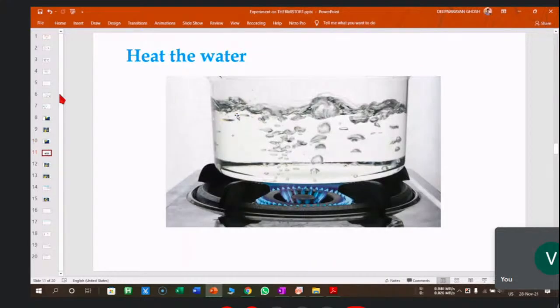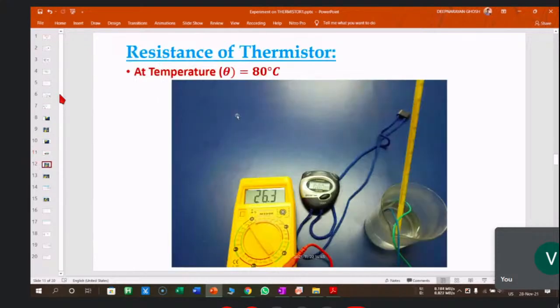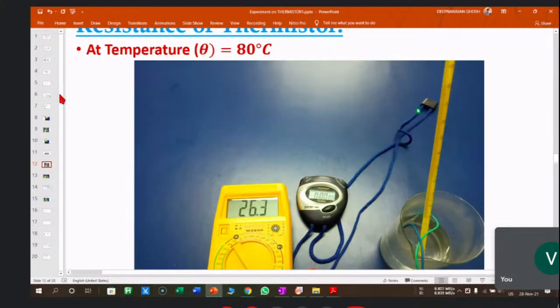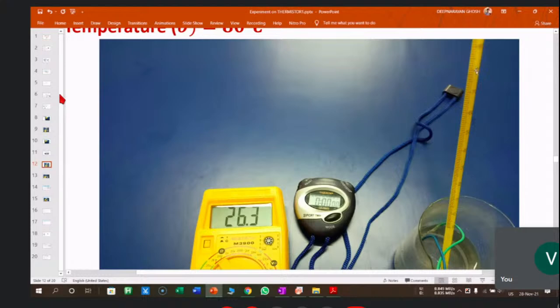To heat water, I have told how to heat it, and this hot water you have to put into a glass or some container. I have heated the water and kept the hot water in the glass, and at that time, if you see carefully, the temperature is 80 degree centigrade.